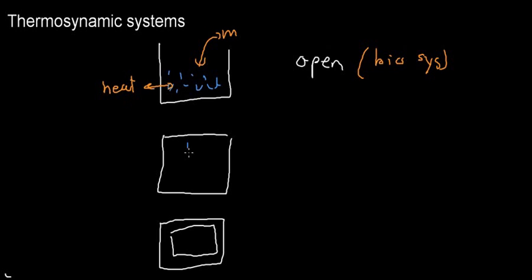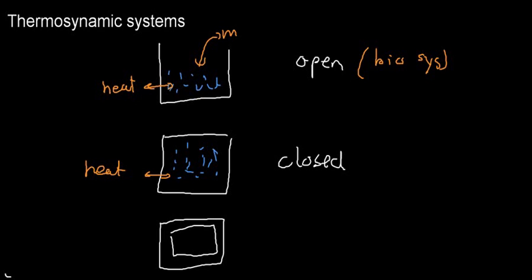A closed system, which is usually what we deal with in chemistry, whereas in biophysics we deal with open systems, says that I'm not able to exchange matter. My system is closed, but I will be able to exchange heat.